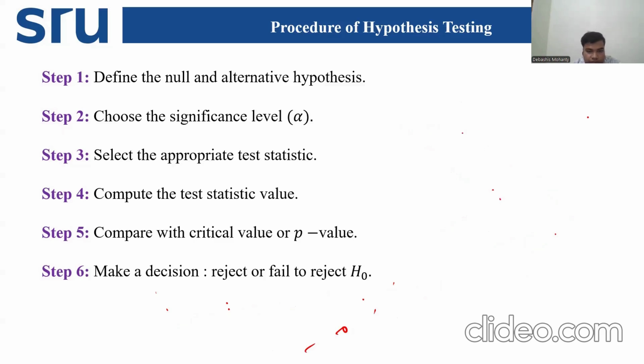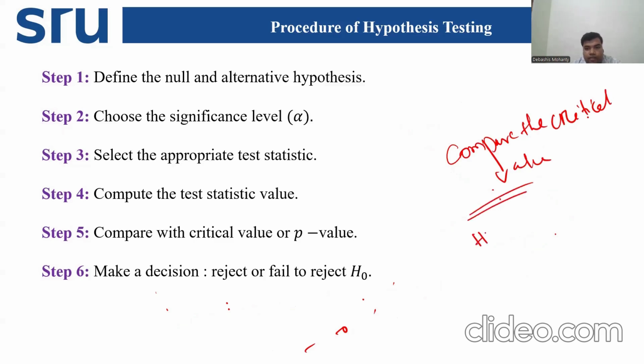And in step 5, we compare the critical value or p-value. This is very important. Based on these steps, we state that either we reject the null hypothesis or we fail to reject the null hypothesis.